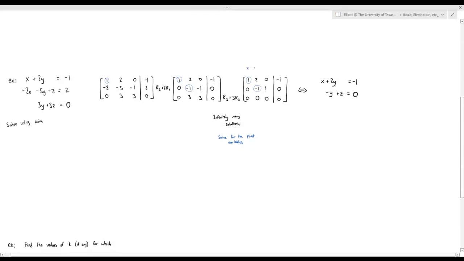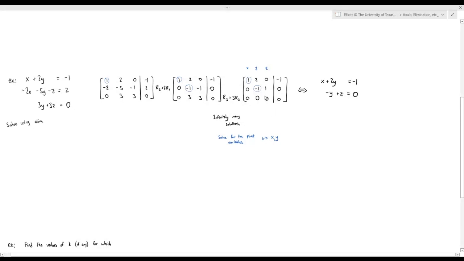So each column was representing the coefficients of the variables x, y, and z. So here my pivot variables would refer to x and y, since it was the first and the second column with the pivots here. Okay, so the pivot variables refer to x and y.